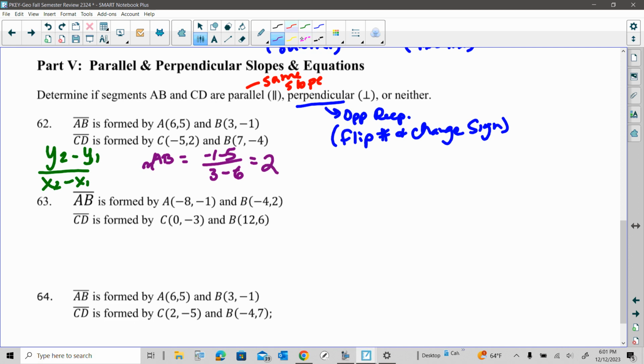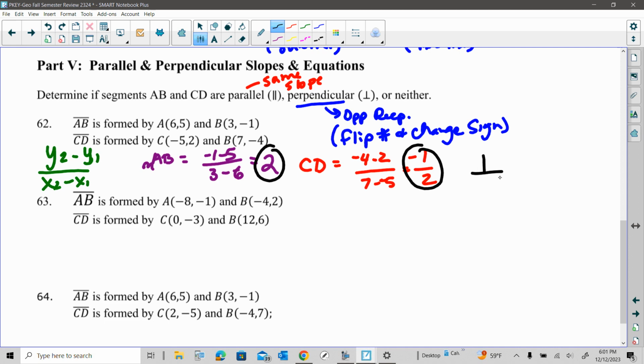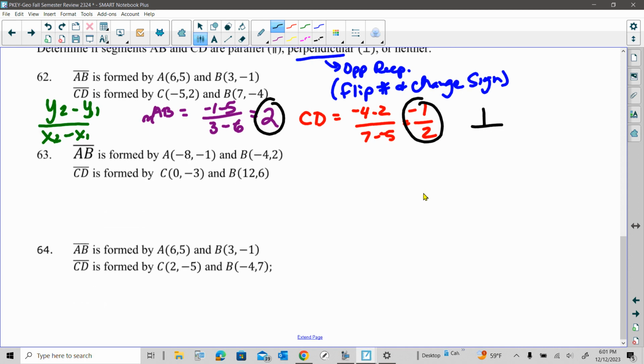Then we're going to do the slope of CD. That's -4 minus 2 over 7 minus -5. I believe this comes out to be -1/2. If I compare these two numbers, 2 and a -1/2 is a flip and change. So this is perpendicular. So this is what you're doing on these set of problems, okay?